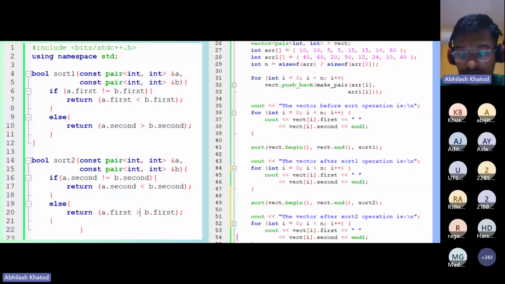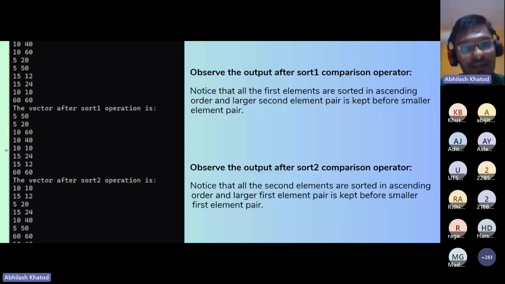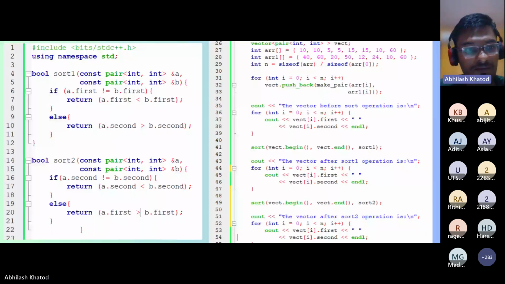Is it true? No, it's not. 20 is not greater than 50. So it will flip it. So 5 50 will be kept above 5 20. Have a look, 5 50 is placed above 5 20.